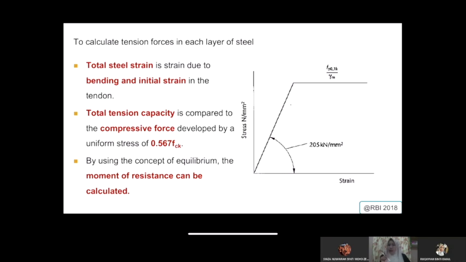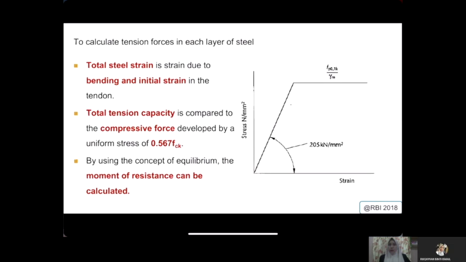What is initial strain? Initial strain is when you apply your pre-stress force to your tendon, so it is also included in your total strain. The total tension capacity is compared to the compressive force developed by a uniform stress of 0.567 fck. This value is similar to what you used in your microscopic design.